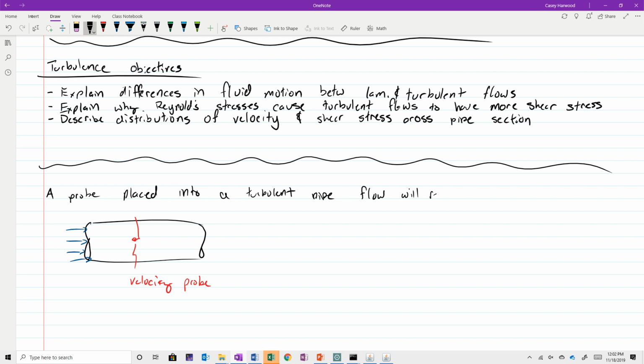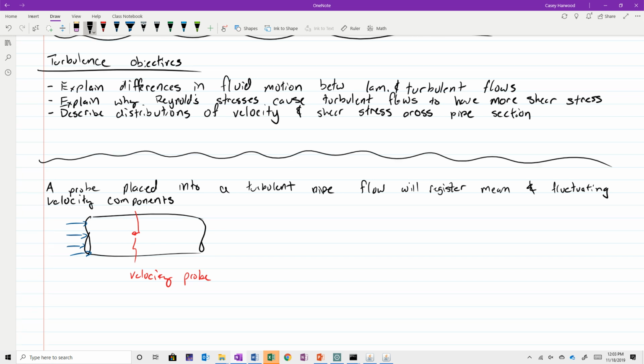This probe will register what we'll call mean and fluctuating velocity components.